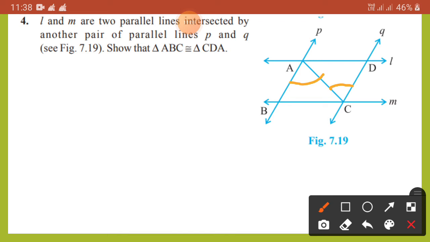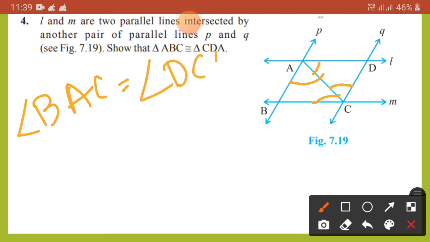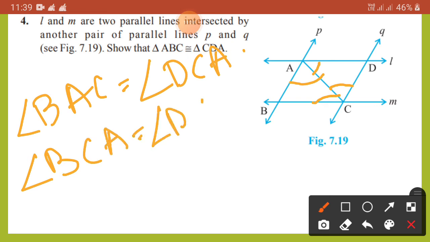Also, angle BCA is equal to angle DAC, again alternate angles.